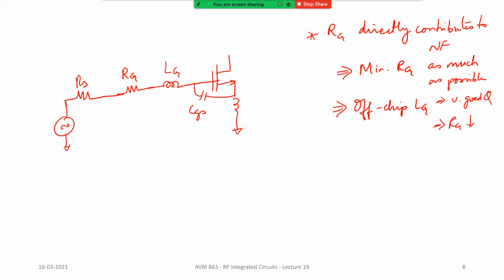For example, let's say you are designing an LNA for cellular communication. You want everything to be on chip. Let's say you are an engineer in Samsung or Qualcomm or Huawei or MediaTek, designing these transceivers. You want to sell a single chip solution to your customers, right?